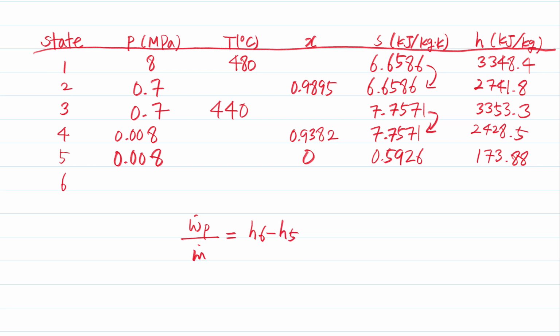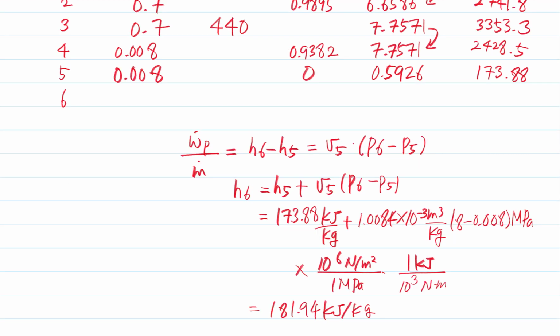It is also approximated by specific volume at state 5 times P6 minus P5. And we solve it for H6. So the enthalpy at state 6 is calculated: 181.94.